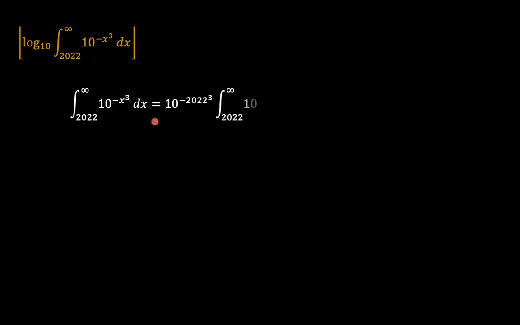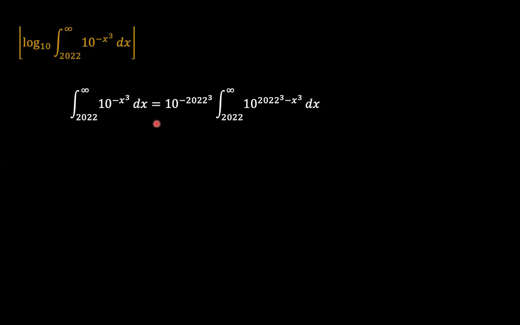So going on to the solution, as I said, this is a very hard problem. And one thing that I personally do when looking at this problem is to try and remove this lower bound because it begins from 2022. So the idea is just to find a way of extricating this so that we have a 0 to infinity kind of integration.